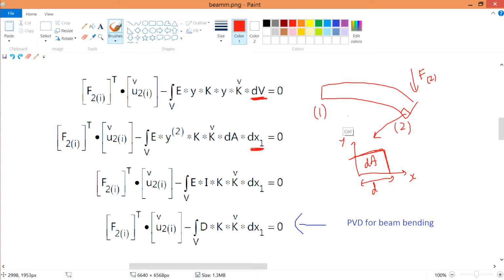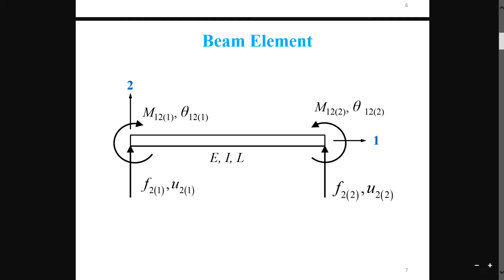That's the reason behind dx, but I don't know why it is dx1. After looking at the book, I think we are talking about the one direction, or the two direction. This is x, this is y. So in terms of a small dx of this thing in the one direction, you say it's dx1.